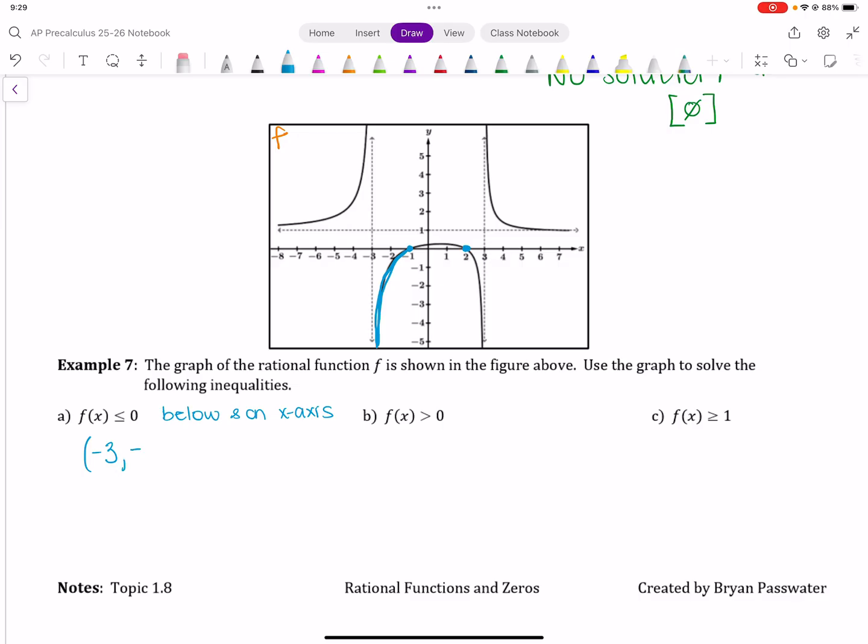And then because we want to be equal to 0, we will use a bracket around the -1. And then we become equal to 0 again at 2 and are below the x-axis all the way until our next vertical asymptote at 3. And once again, because it's a vertical asymptote, we're going to use parentheses.